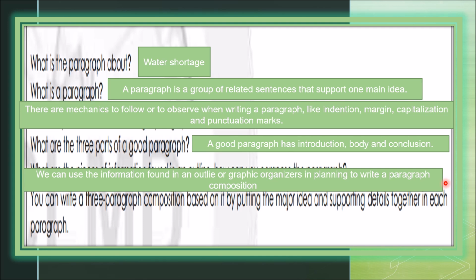Kaya, ang bilis natin gumawa ng paragraph tungkol doon. Okay? Naintindihan po? So, you can write now a 3-paragraph composition based on it by putting the major idea and supporting details together in its paragraph. Maliwanag po? Good.